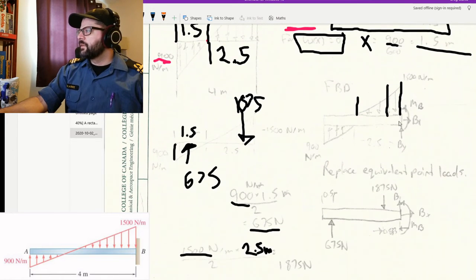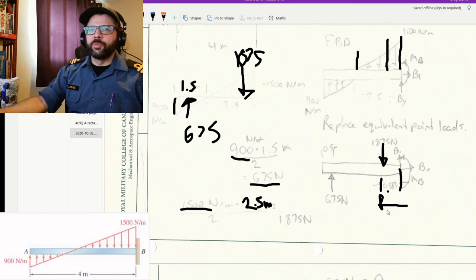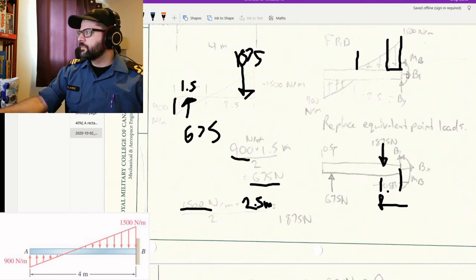So for this one here, that'll be located 0.833 meters from B, which is just 2.5 meters divided by 3. So that's 1/3 of the way from here to here.